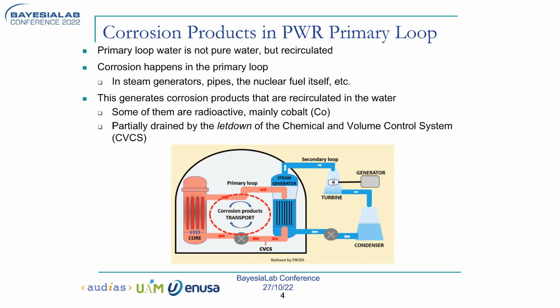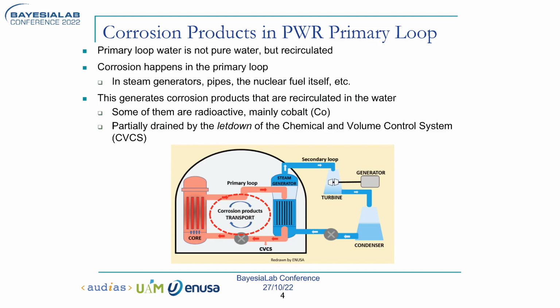The issue is that this water is constantly in contact with the fuel, and the fuel is radioactive. This radiation can have several effects in the primary loop itself, because some corrosion is generated by physical-chemical transformation.